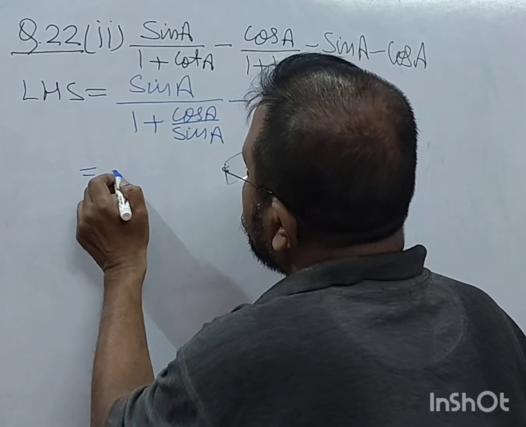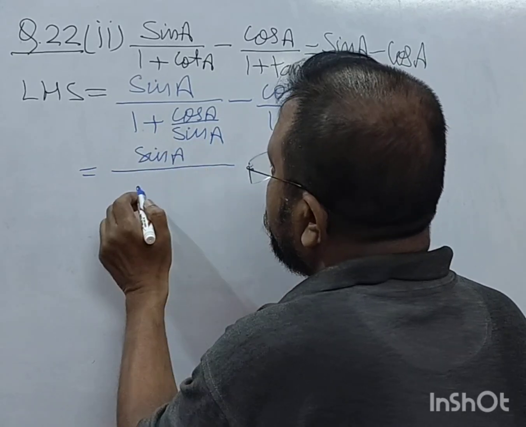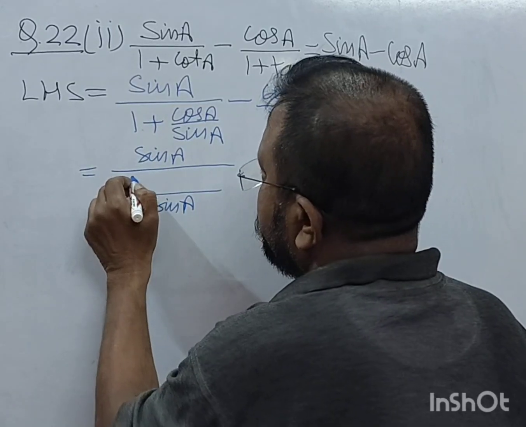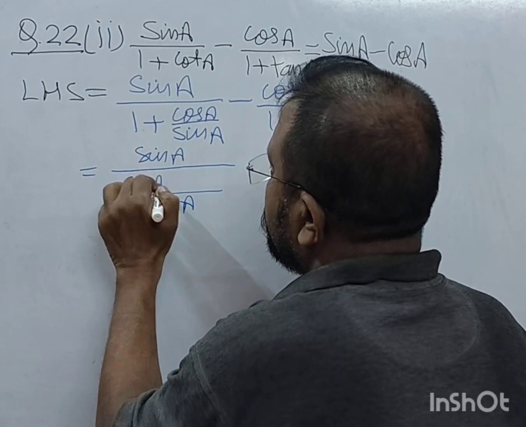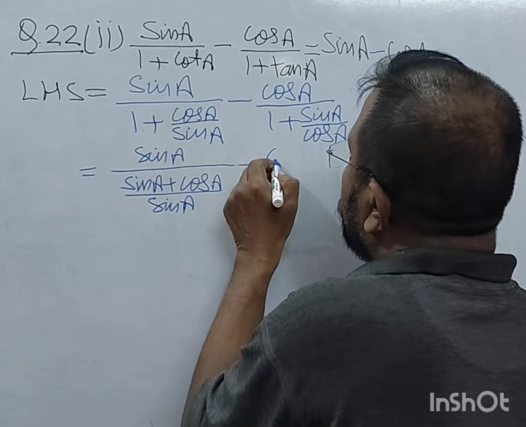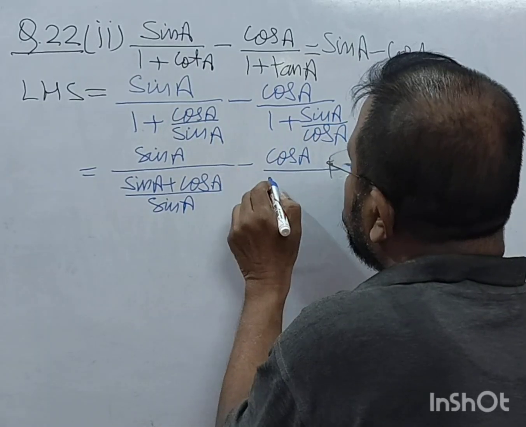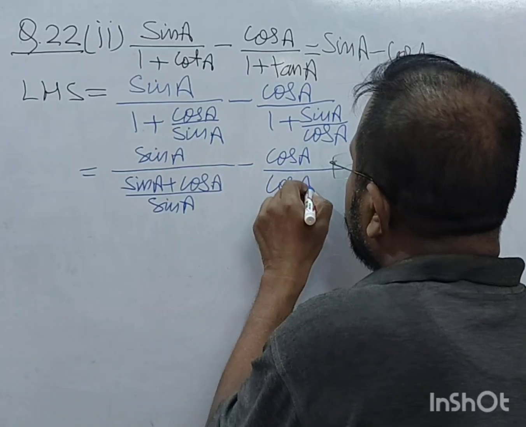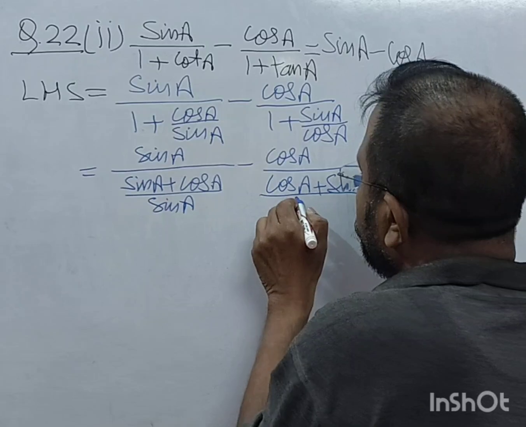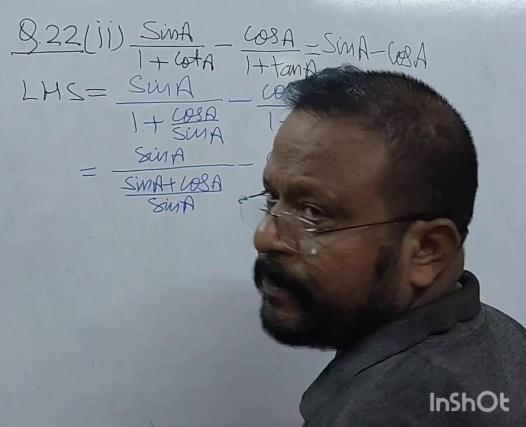So again, if you write here sin A, and you take in denominator sin A as an LCM, so it is sin A plus cos A, minus cos A upon cos A plus sin A upon cos A. Right?